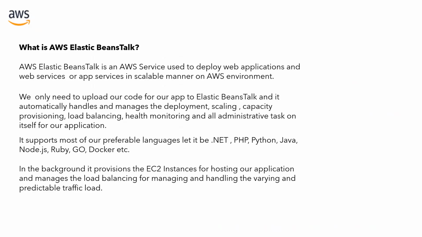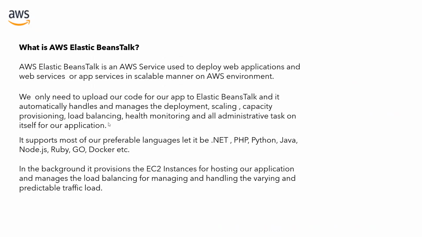All the administrative tasks, like managing the backend infrastructure and resources, health monitoring of whether the underlying resources are working fine or not, and capacity provisioning, like what kind of EC2 instance and what capacity of resources you require, all of those things are managed by Elastic Beanstalk itself in the background.